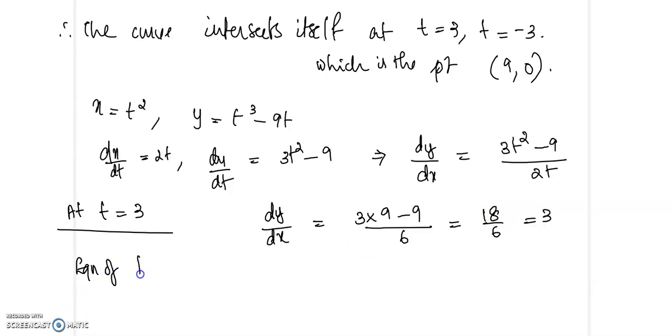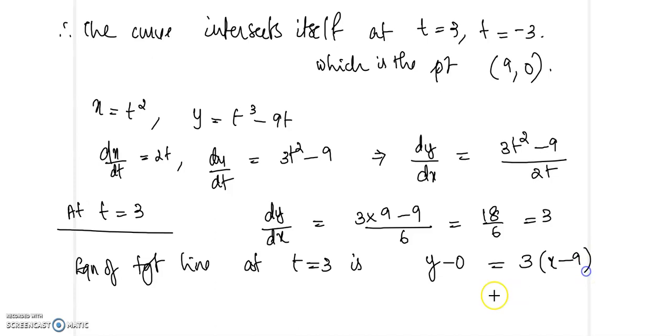So therefore the equation of tangent line at t equal to 3 is, now the curve will intersect itself at the point 9, 0, so this will be the value of x naught and y naught. So we will have y minus 0 equal to, the slope is 3, into x minus 9. So the equation is y equal to 3 into x minus 9. So that is the equation of tangent line at t equal to 3.